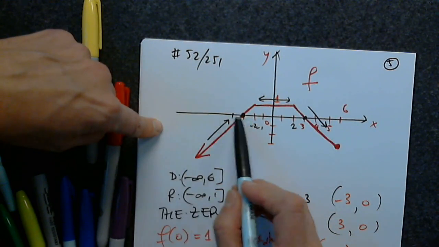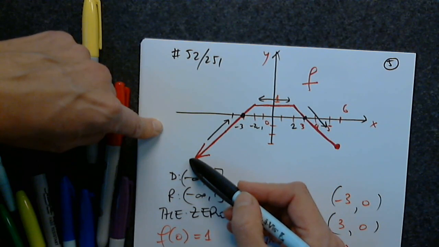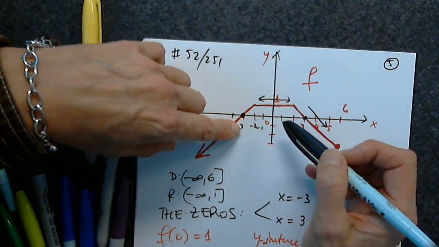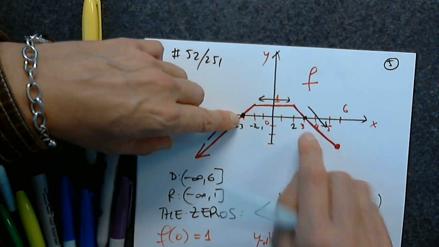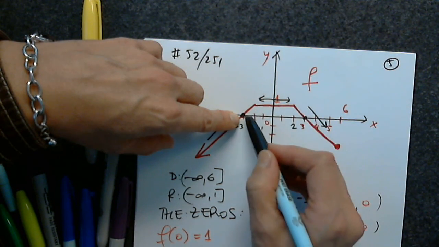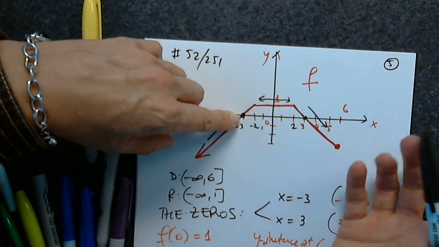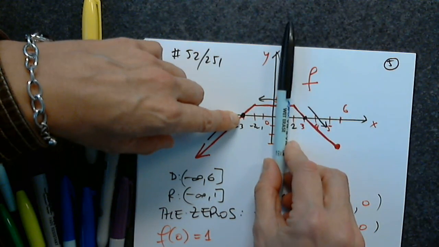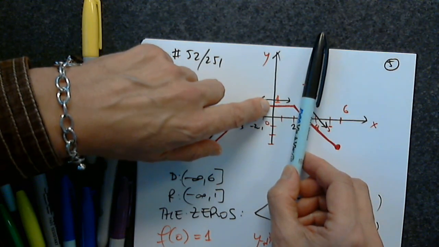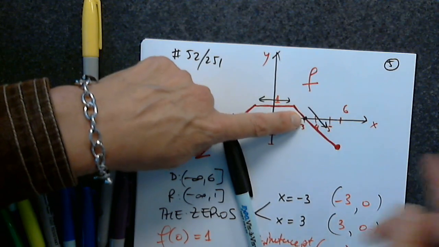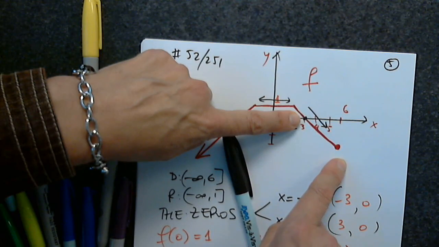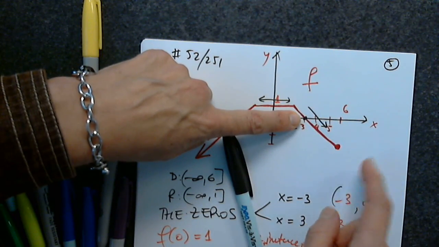Then between -3 and 3, because the graph is above the x-axis, all these function values will be positive. If I draw a vertical line at x equals 1, I will read a positive value. To the right-hand side of 3, for x values between 3 and infinity, the function is again below the x-axis, which means the y values will be negative.